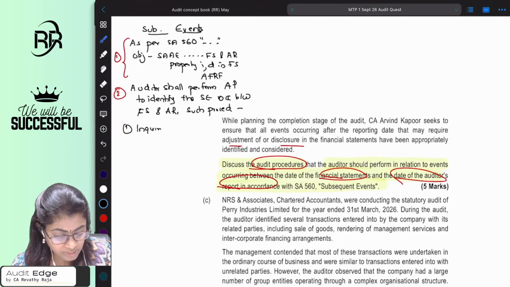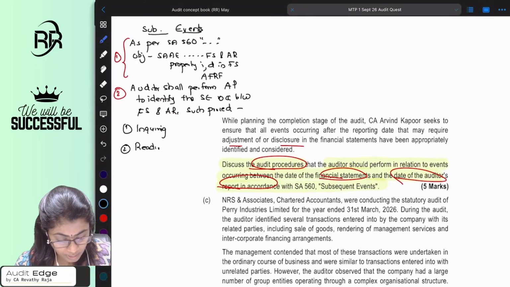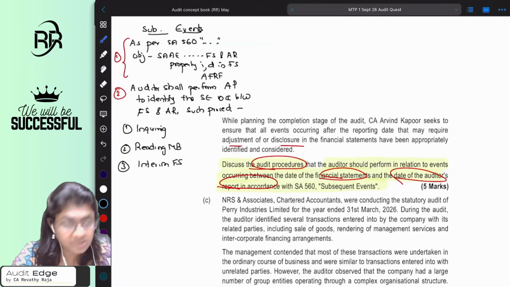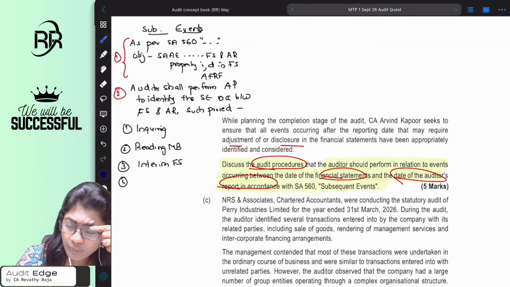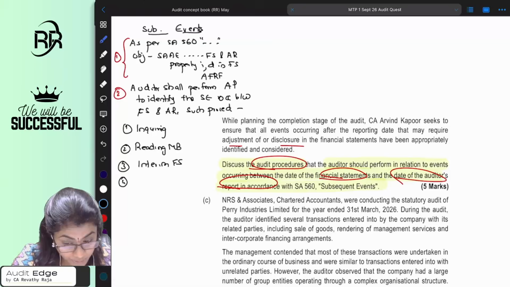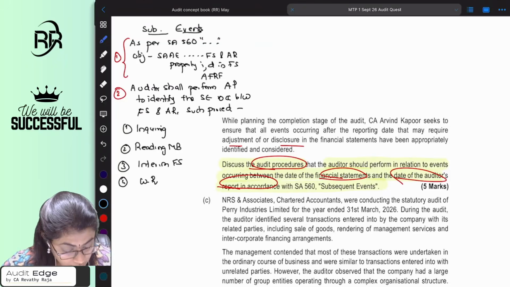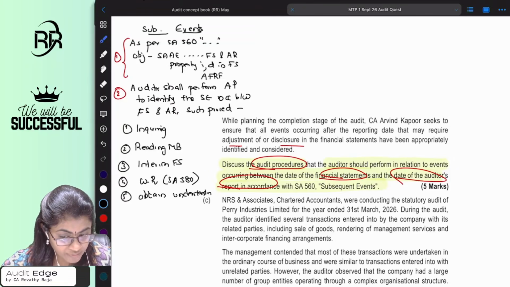Inquiring the management and TCWG regarding the events which have occurred, reading the minutes book, then reading the latest interim financial statements. You know the latest interim financial, you hear also in SRE review. Okay. Then obtain a written representation from the management that all the events have been properly disclosed. Written representation is as per SA 580. And also obtain an understanding of how management has identified.